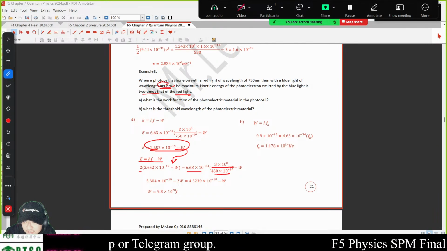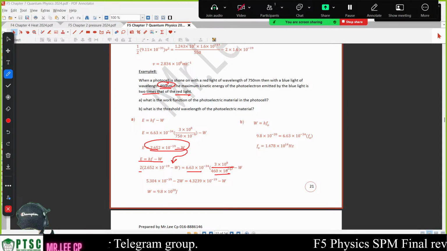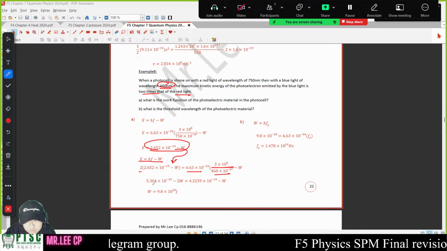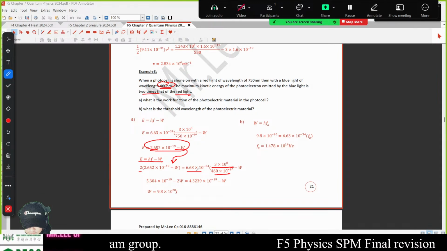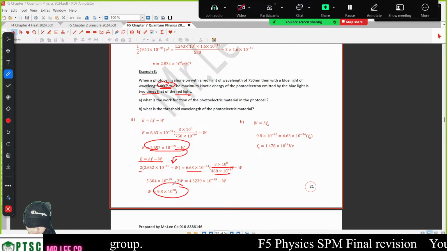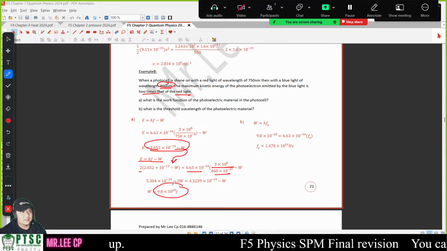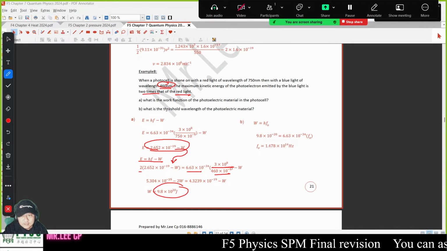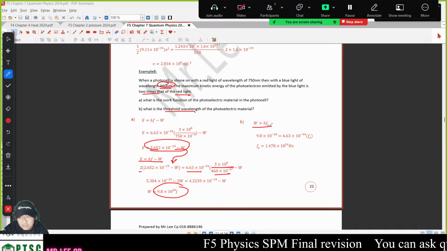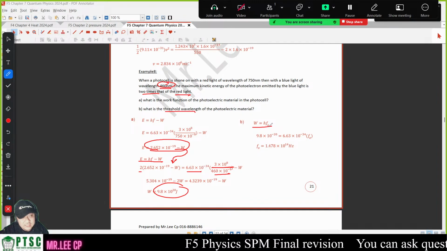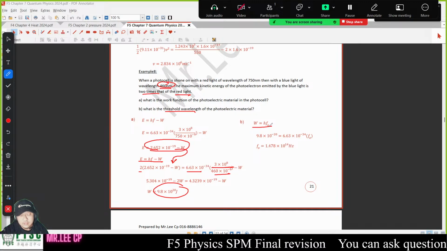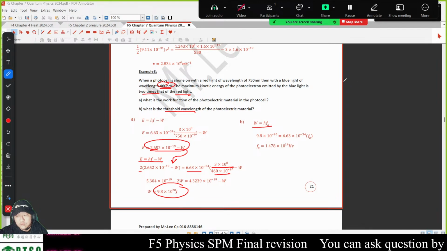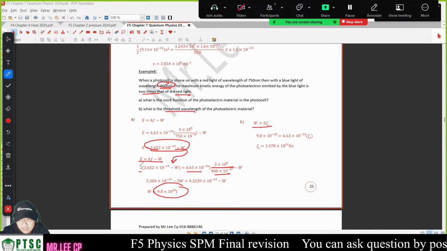Lambda is 460 nano times 10 to the negative 9 minus W. So you play with the algebra and then you get the answer. Next one. Threshold frequency. So W is hf naught. This one is given in the formula list. You don't need to worry about this one. Okay, so you can get the answer.